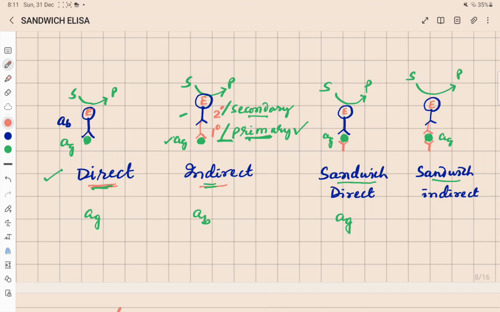And what is the advantage of sandwich ELISA over direct ELISA? Just to recall, in direct ELISA, the antigen is in direct contact with the antibody which is conjugated with the enzyme.